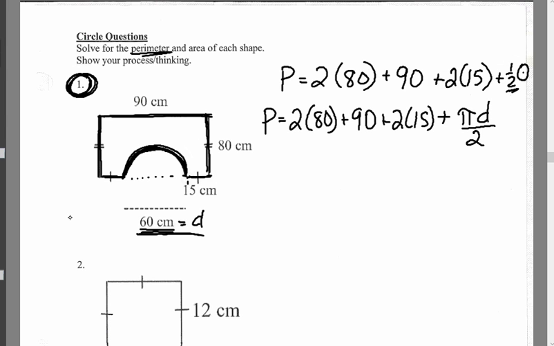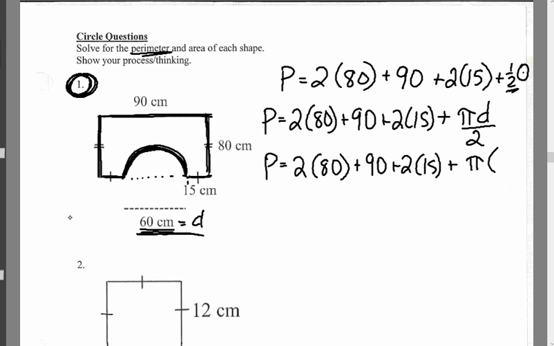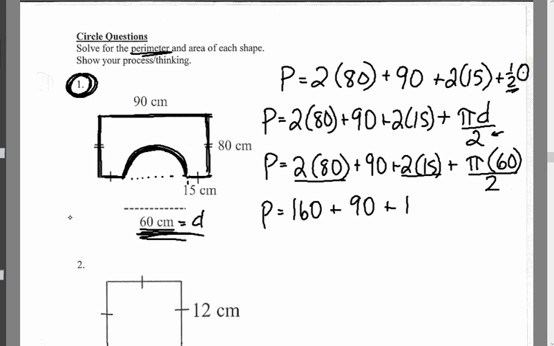Our D is 60. So I can convert this equation to 2 times 80 plus 90 plus 2 times 15 plus pi times the diameter of the circle, 60 if it was a whole circle, but I want to divide by 2 because I only have half of it. So perimeter equals 160 plus 90 plus 30 plus pi times 60 divided by 2.